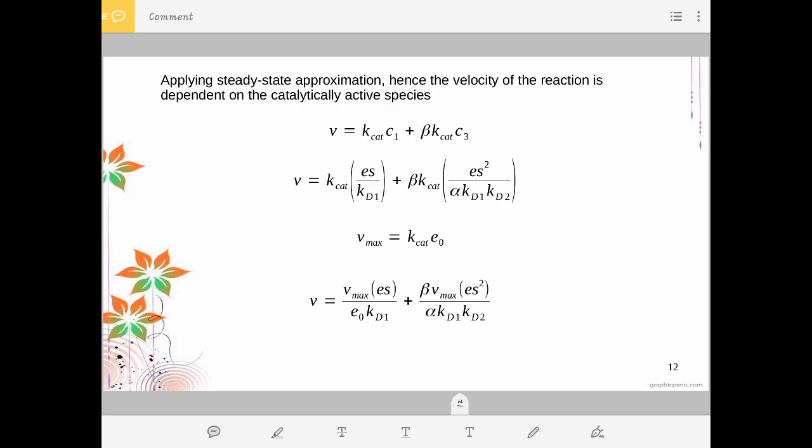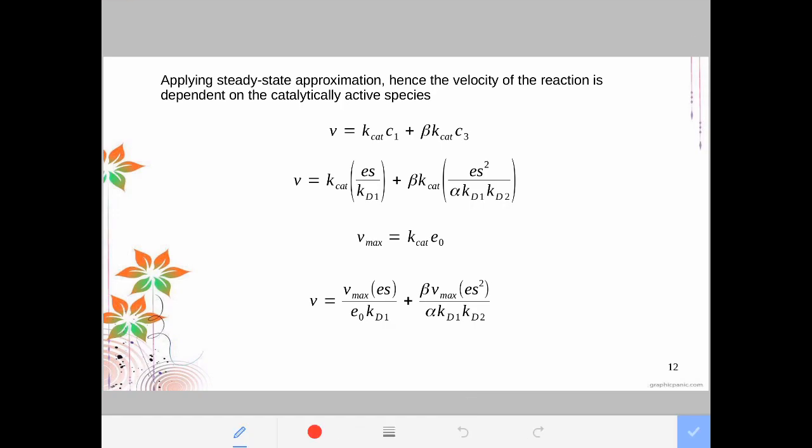Now, let's further remove one of the variables, because you still have two variables: enzyme and substrate. If you remember, the enzyme is not consumed nor generated in the reaction. Therefore, the total amount of enzyme is a constant.